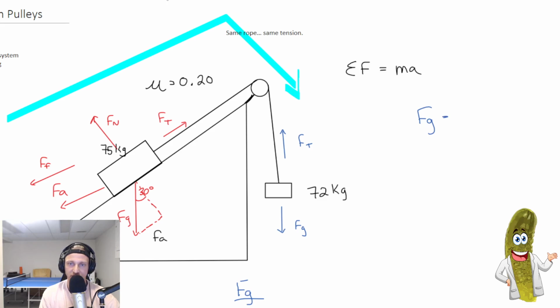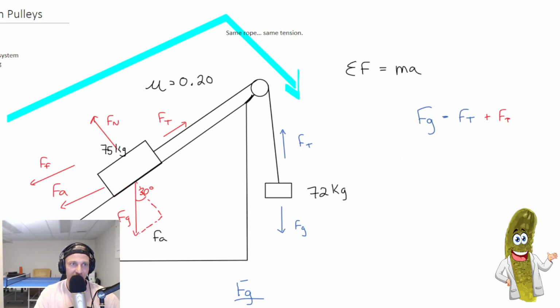So what we would do is we would subtract the force of tension. Now, this force of tension here in red is going to help us. And what's interesting is, because it's the same rope and because it has the same force of tension, we end up with subtracting the force of tension and also adding the force of tension.